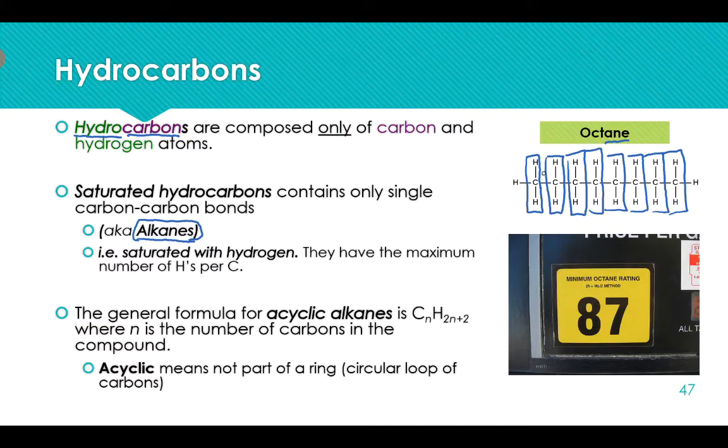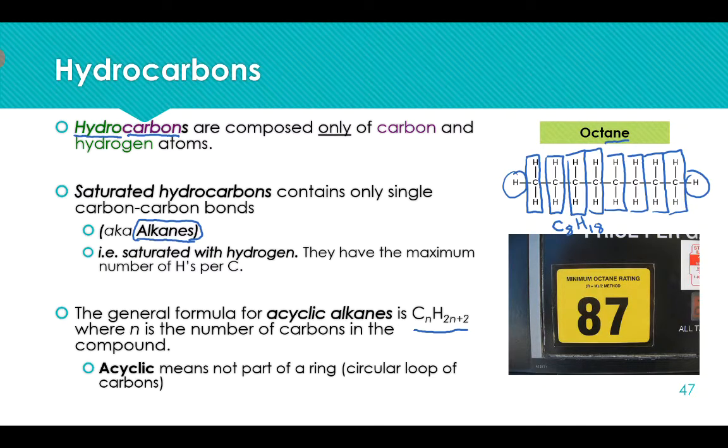And so the number of hydrogens in a saturated molecule like this will be twice the number of carbon atoms, and then we'll have an additional 2 off to the side. So that's going to follow our 2n plus 2 rule. So the chemical formula for octane will include 8 carbons, and 2 times 8 is 16, and so 2 plus that is 18. So if we counted up all the hydrogens here, there would be 18 hydrogens.